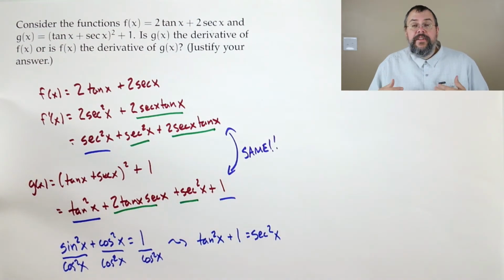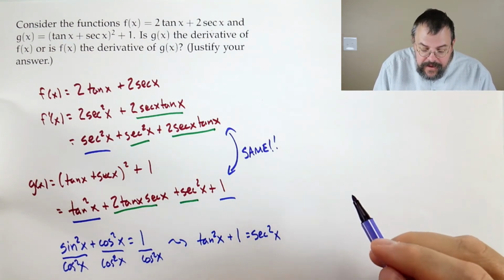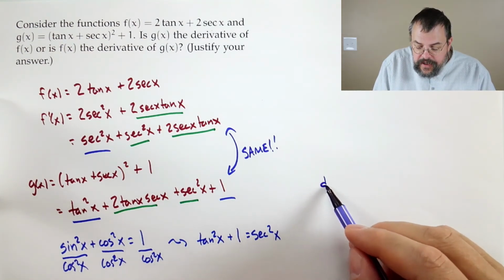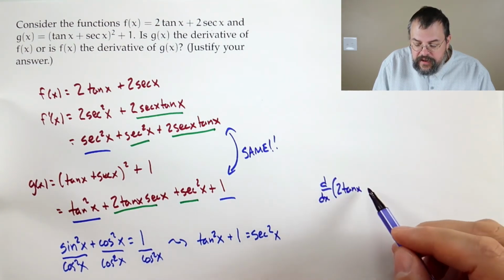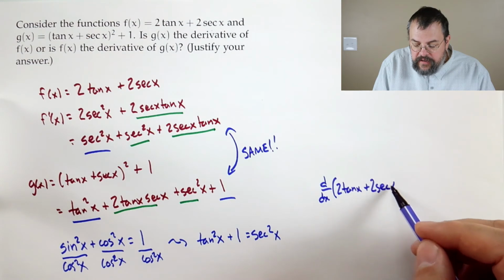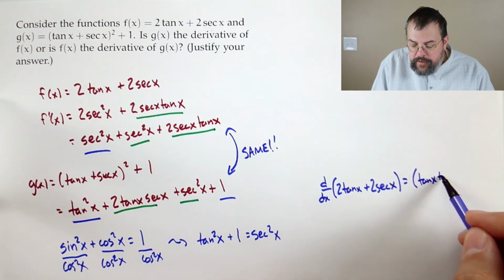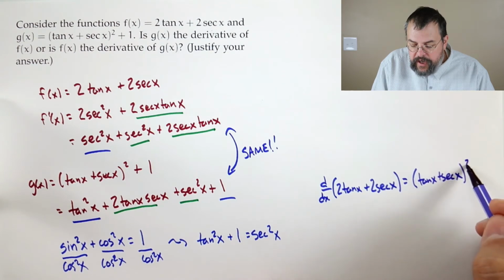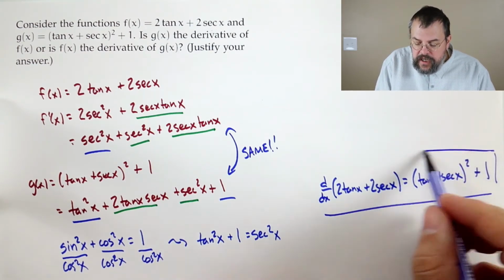So, even though it may not look like it, especially if you know the chain rule, it turns out that we can say that the derivative of 2 tangent x plus 2 secant x is equal to tangent of x plus secant of x, squared, plus 1. So be careful.